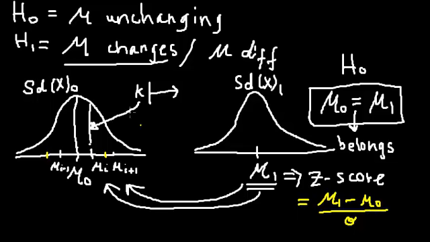But beware, this is not just a distribution. This is a sampling distribution of the sample means. So it means it needs to be sigma all over the square root of n. So that is how we change this statistic into another statistic that would correspond to a position in this x naught distribution.